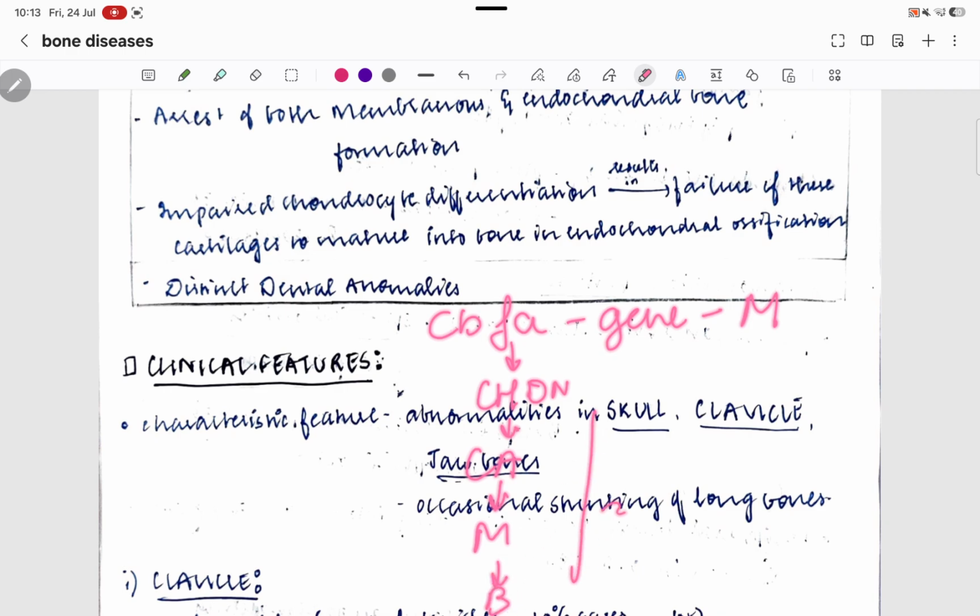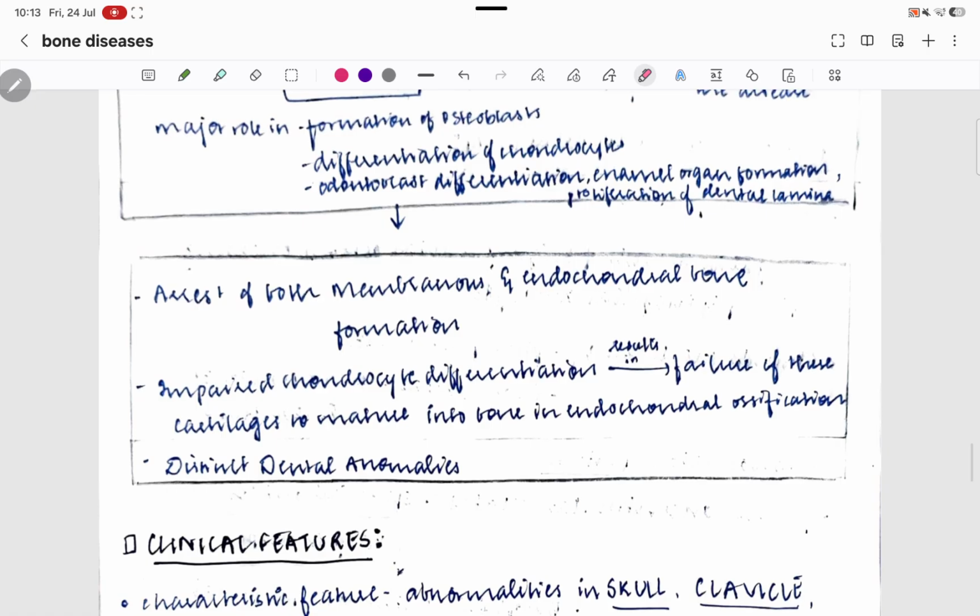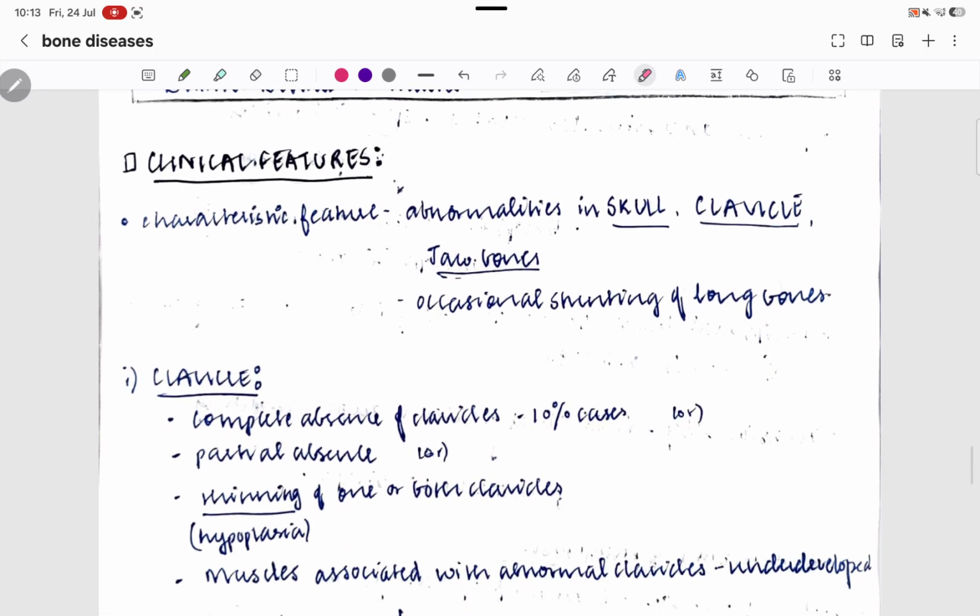That is not happening. Chondrocytes are forming cartilage, but the cartilage that is formed is defective, due to which it is not maturing into a proper bone.